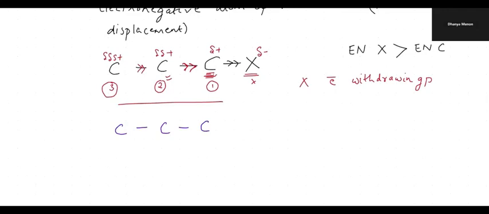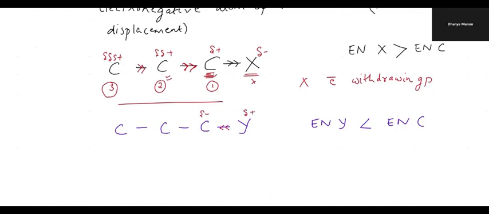Here the carbon atom is connected to another atom Y, and the electronegativity of Y is less than the electronegativity of carbon. So what would happen? The carbon will pull the electron pair towards itself, and carbon attains a partial negative charge and Y attains a partial positive charge.